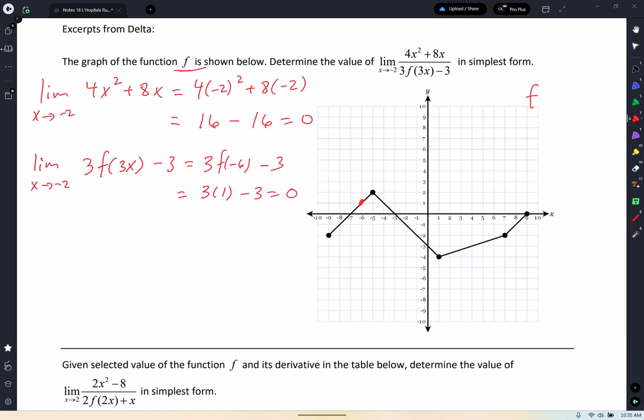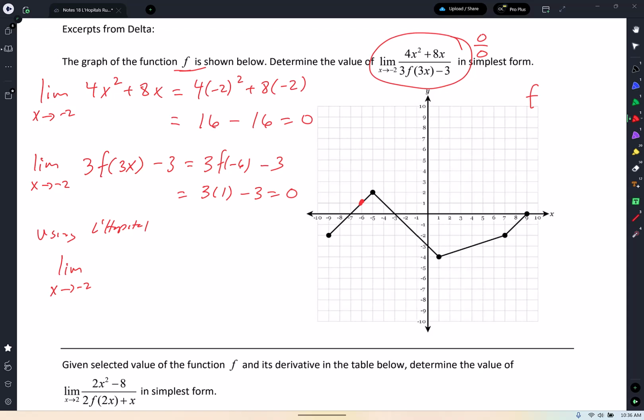f is continuous and differentiable. It's whatever that derivative is, whatever the slope of that line is. So we're good, and we get 0 over 0. This limit gets 0 over 0. It's indeterminate form. So can I use L'Hopital's? Yes. Using L'Hopital, we get the limit as x approaches negative 2.